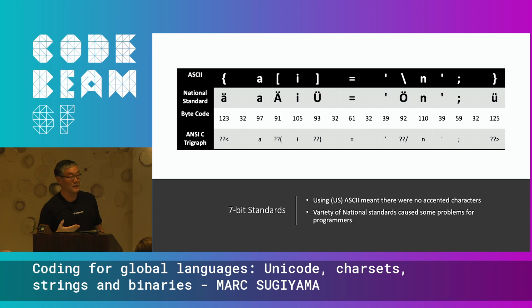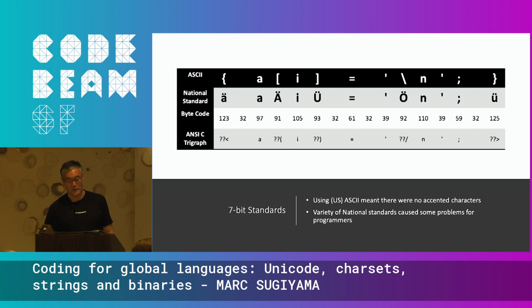If you were speaking some other, say, European language, where you might have letters with accents on them. So here's an example of the problem that emerged with programmers using ASCII. The different countries had their own separate 7-bit standards, okay? And so in ASCII, if you're a programmer in the US or in the English-speaking world, and you wanted to program, you might have something that looks like that first line, with the curly braces and the brackets.